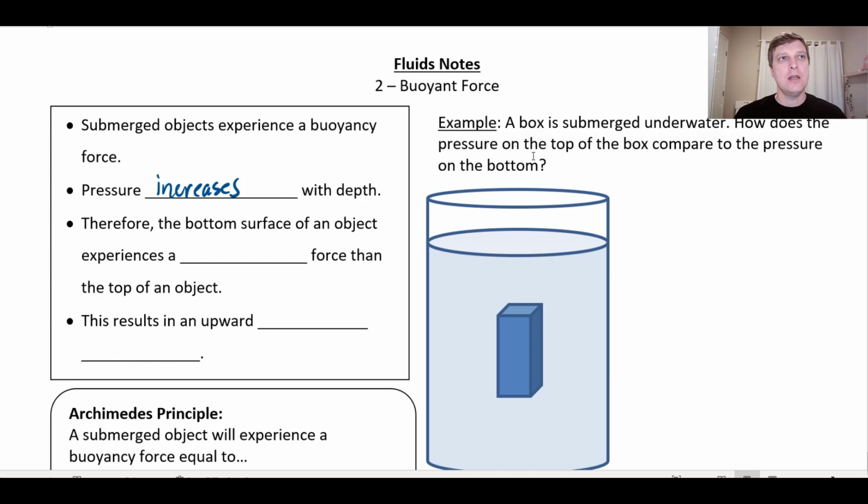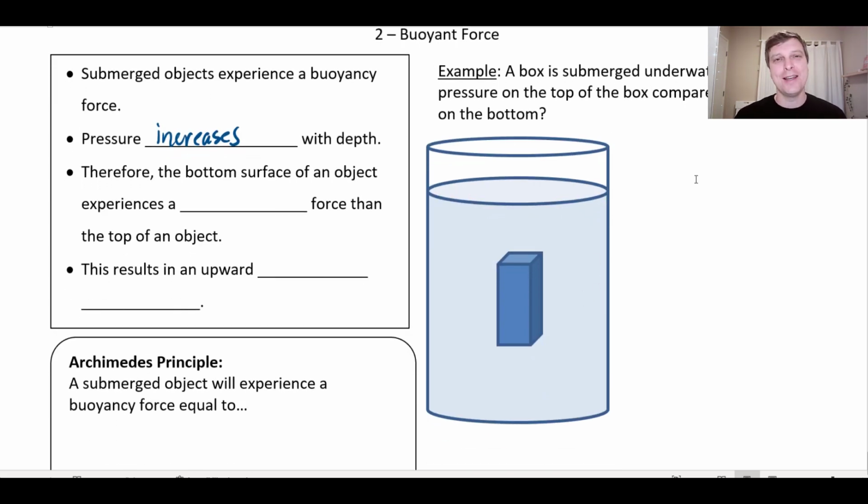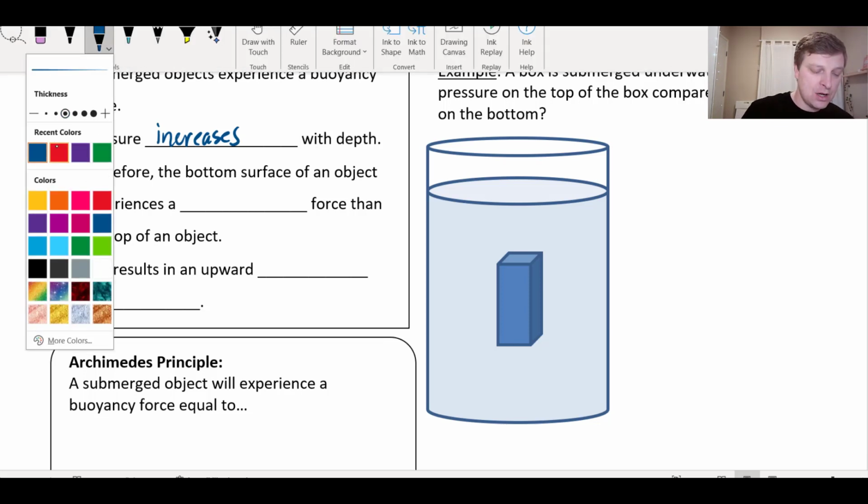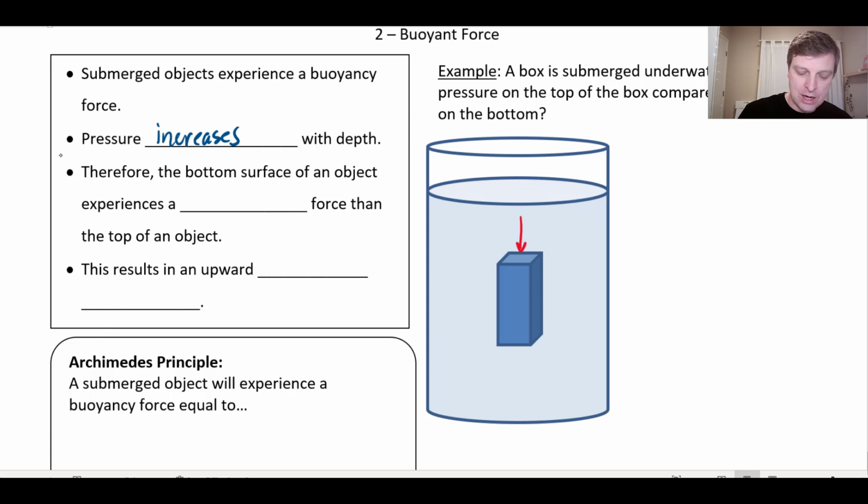So if you have an object, like this little rectangular prism sitting in water, the further down you go, the greater the pressure is, which means the top of the object is going to experience a different pressure than the bottom. So there's a pressure force on both the top and the bottom. There's a pressure force that pushes down here, I'll call this P top, and there's a pressure force that pushes on the bottom of it.